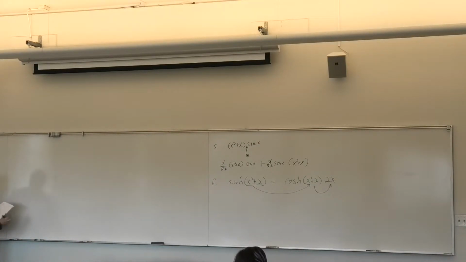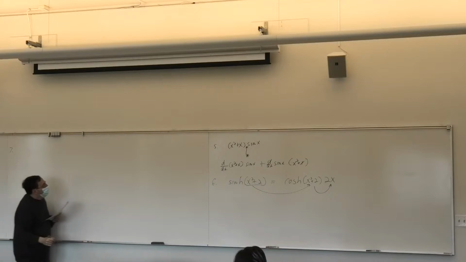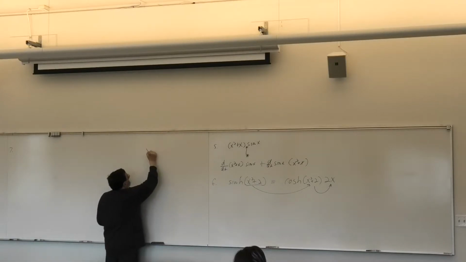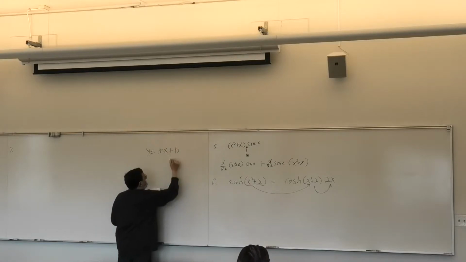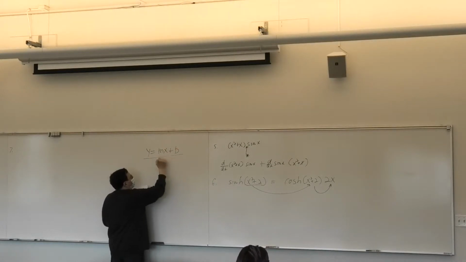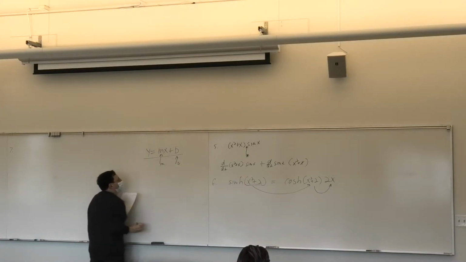Now, I'm going to digress before I really get into number 7. So y equals mx plus b. That's the equation of a line with slope m and y-intercept b.